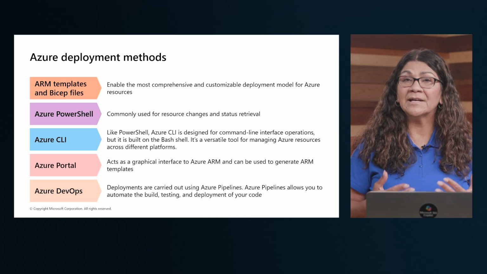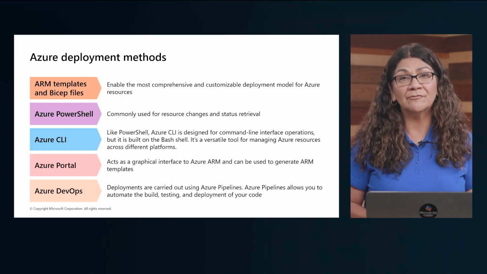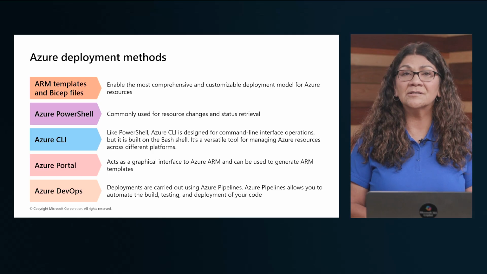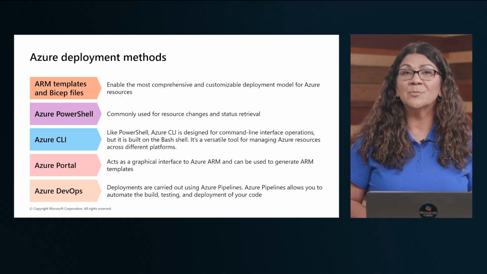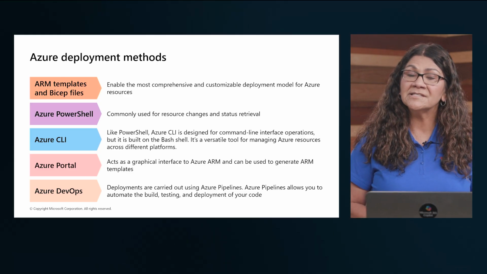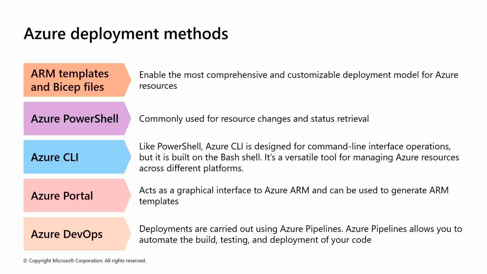PowerShell, through its Azure module and resource providers like Az.Compute, is ideal for modifying resources and retrieving status, and can also deploy ARM templates, blending imperative and declarative approaches. Azure CLI functions similarly, offering cross-platform support for both deployment and modification tasks.